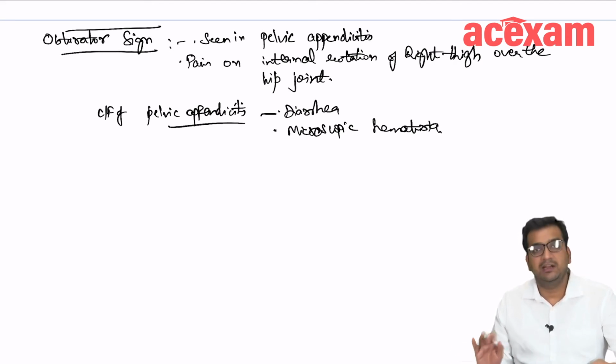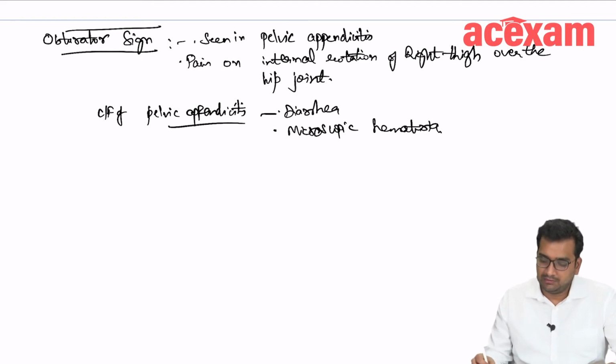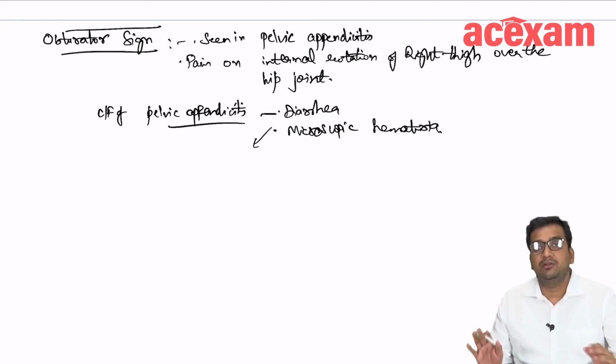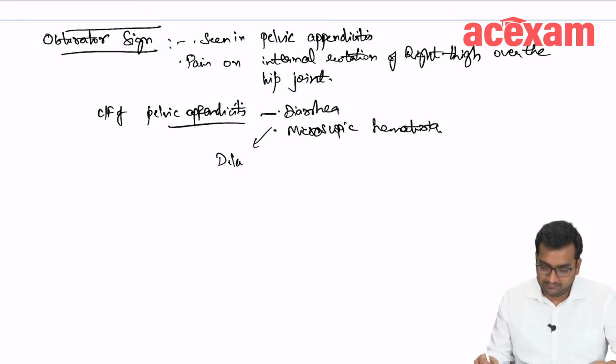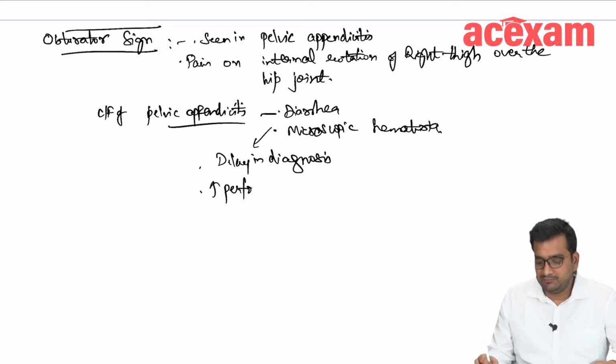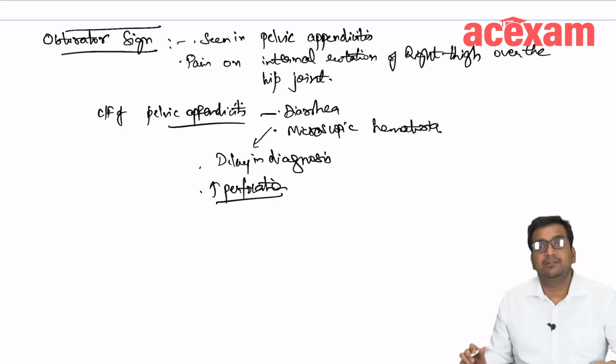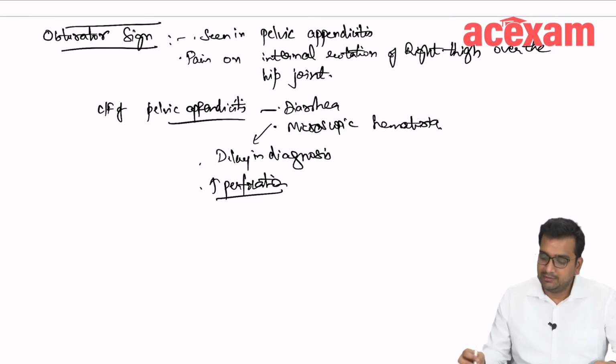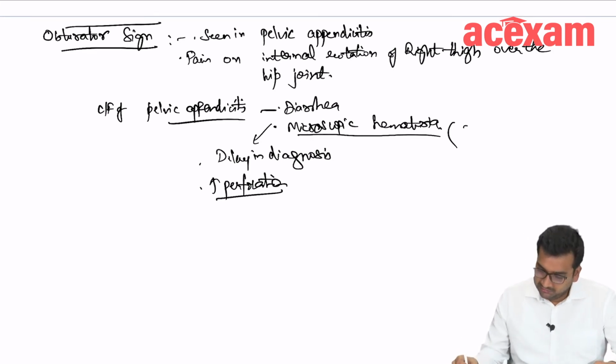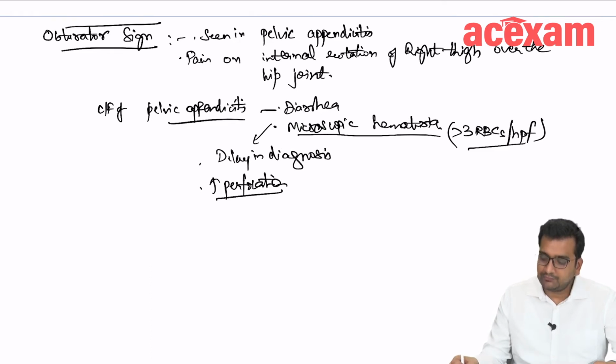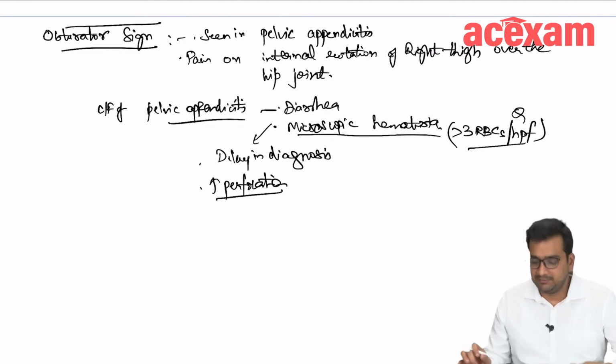There is presence of diarrhea and microscopic hematuria, and because these are non-specific and not characteristic of acute appendicitis, there is a delay in diagnosis, and a high likelihood of perforation because of this delay. So that is why pelvic appendicitis is the most serious appendicitis among all locations. Okay. What is the definition of microscopic hematuria? It is the presence of more than 3 RBCs per high power field.